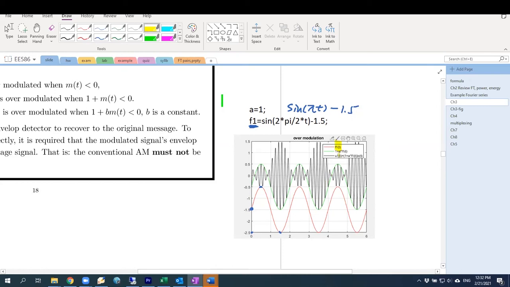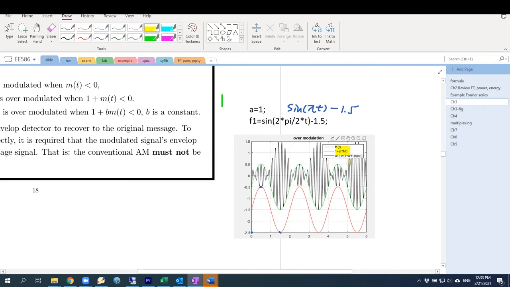Now I do 1 plus a times f1(t), the green line. With a equal to 1, f1(t) is lifted up by 1 in magnitude. So minus 1.5 becomes negative 0.5, negative 0.5 becomes 0.5, and minus 2.5 becomes minus 1.5. Everything is plus 1 here.